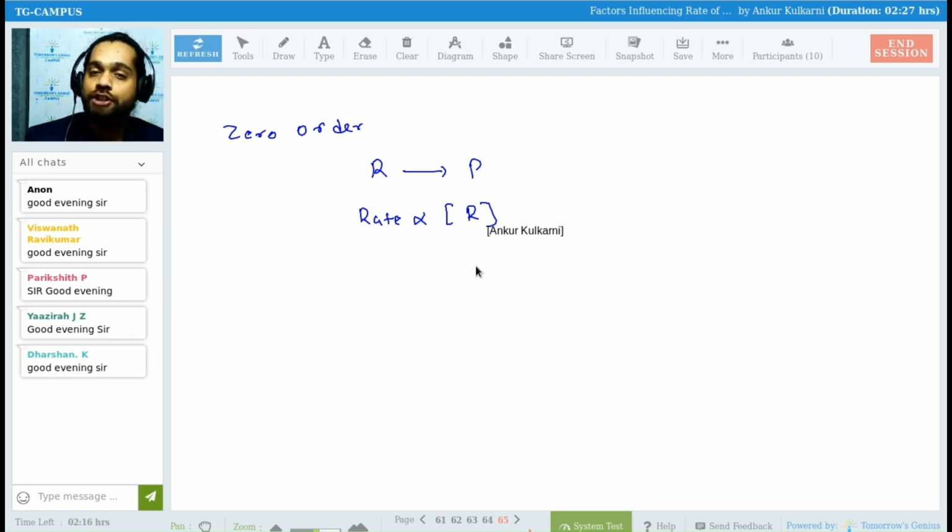Concentration of reactant. If I remove the proportionality sign over here, what should I get?